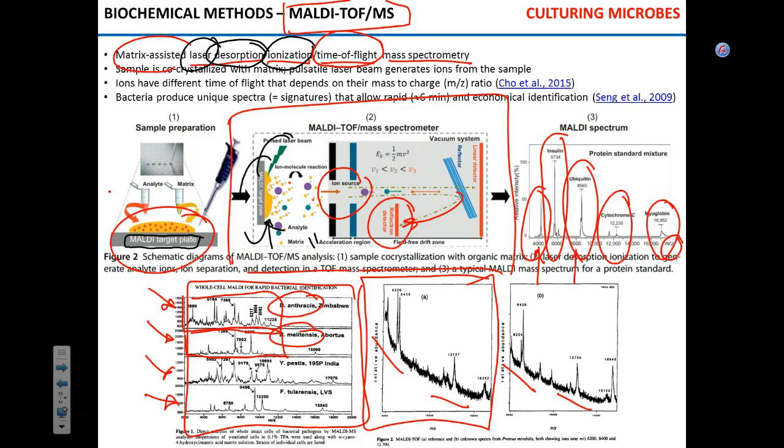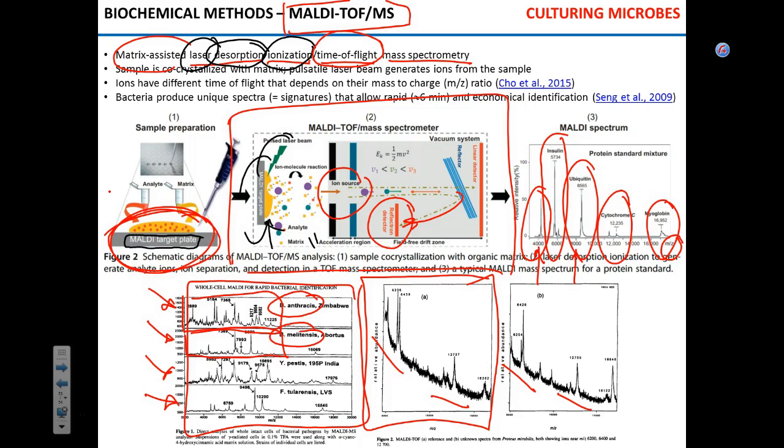So, what do we do now? How is it used in the clinic? You have a culture of a pathogen that you suspect caused the disease of a patient. You load this absolutely unknown sample into the matrix and you run the machine.